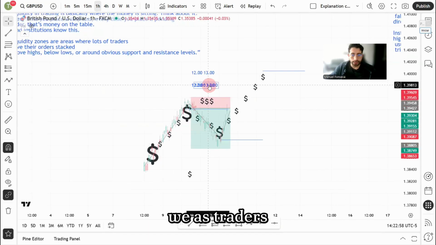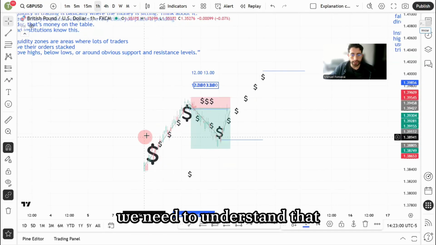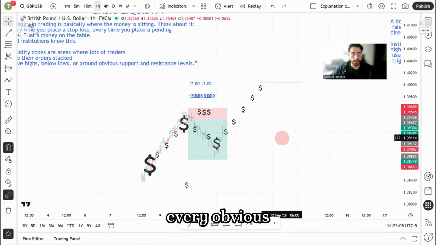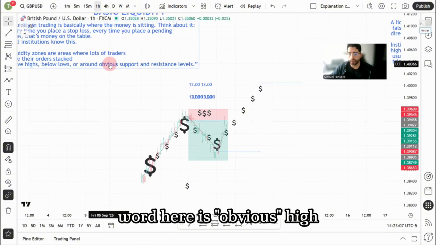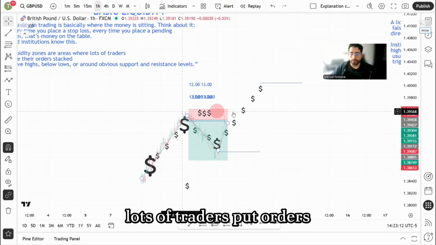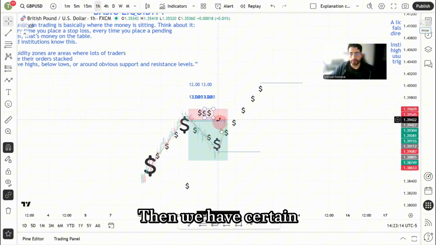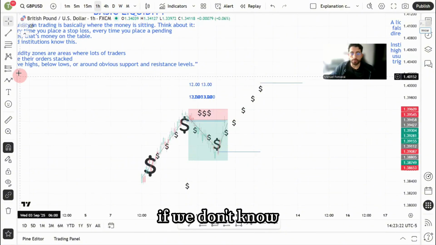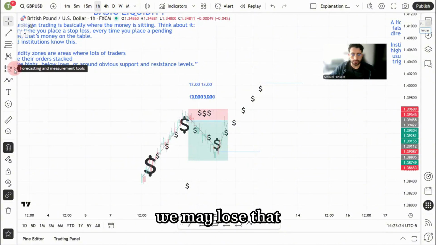Now, we as traders need to understand that in every high, in every low, or in every obvious, the magic word here is obvious high, lots of traders put orders. Then the price has certain reaction, and if we don't know properly the area, we may lose that.